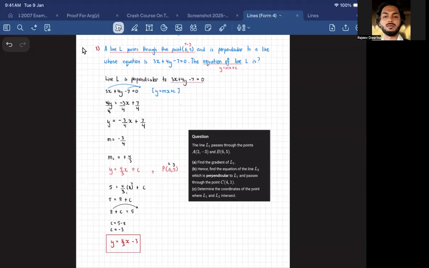Okay. Do you know how to start off with question A? I know how to find the gradient and I know how to use y2 minus y1 over x2 minus x1. Nice.